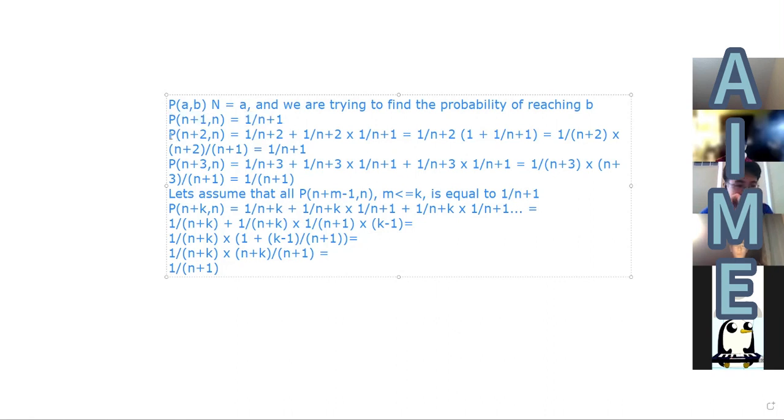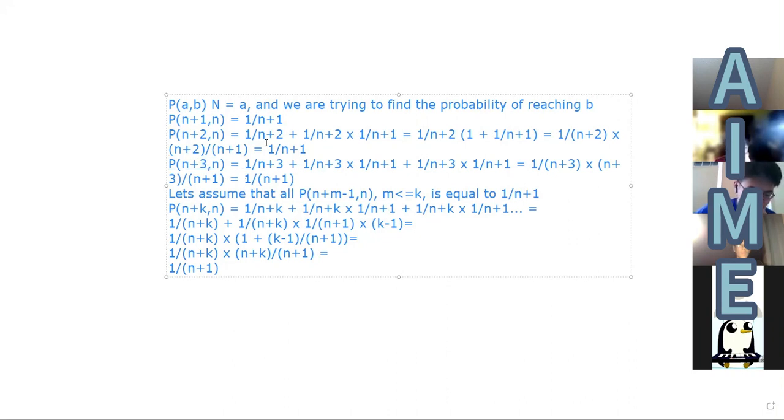And then if we go up to n plus 2, the term before the n plus 2 will be the n plus 1 term, which is the base term, and it is equal to 1 over n plus 1. So that fulfills the assumptions, which means that the probability of this is also going to be equal to 1 over n plus 1. And then we have the probability of n plus 3 leading to n.